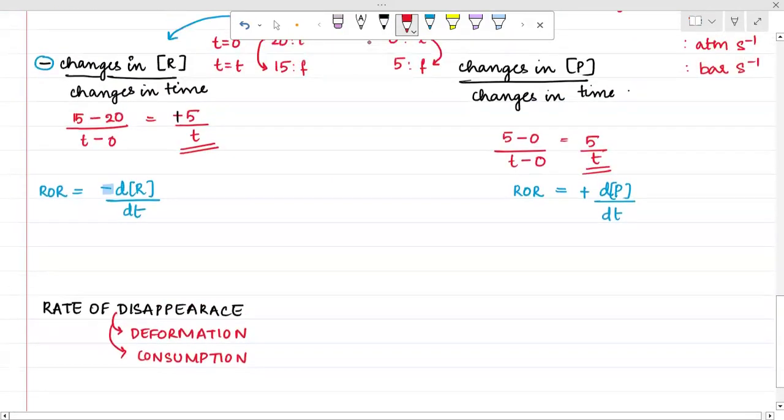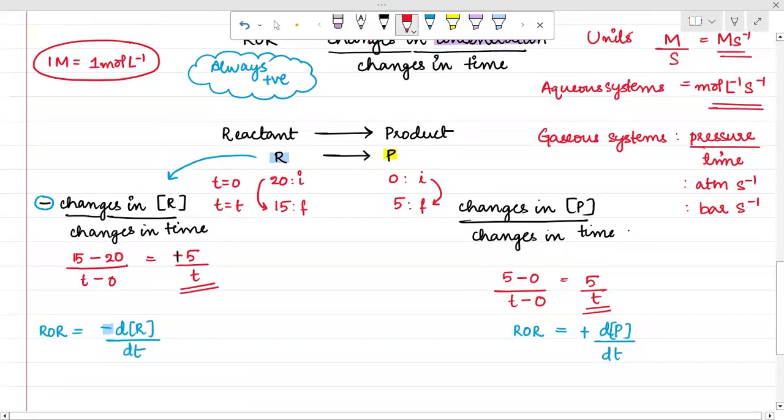Now, if you see this reaction, who is disappearing? Who is being deformed? Who is being consumed? The reactant is being consumed.